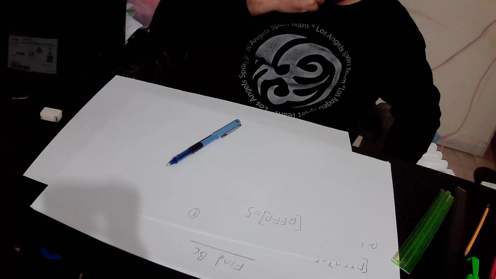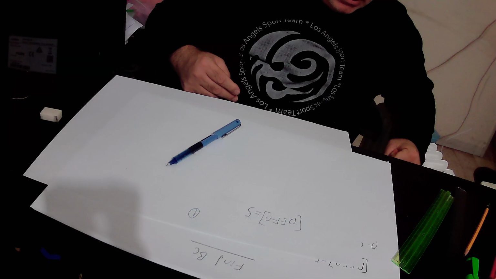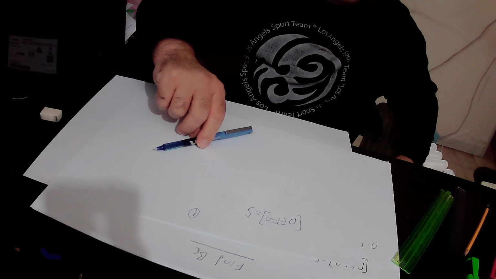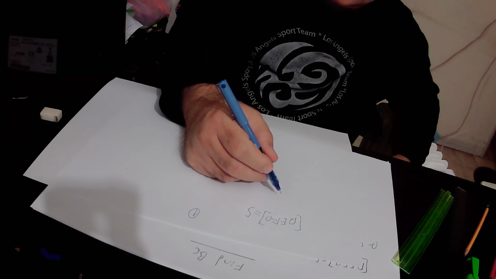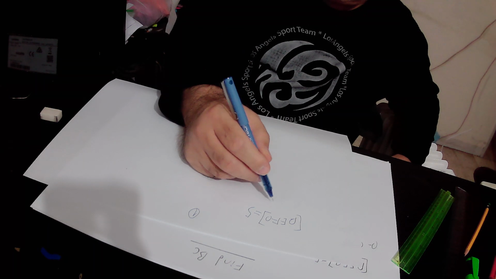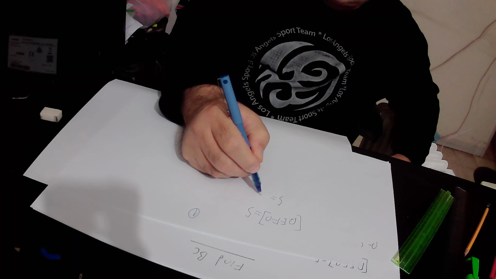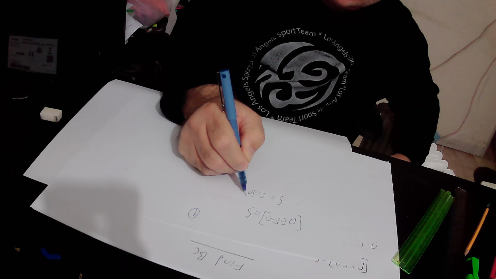And we know that the area of any square equals the side squared. So the area of square DEFO, which equals 5 square units, equals one side squared.